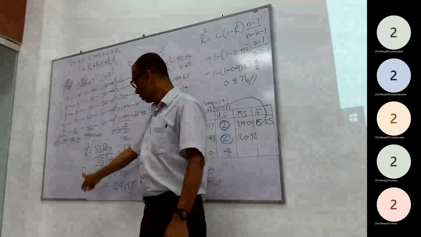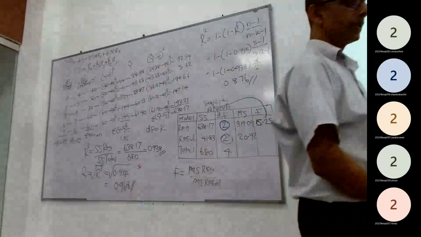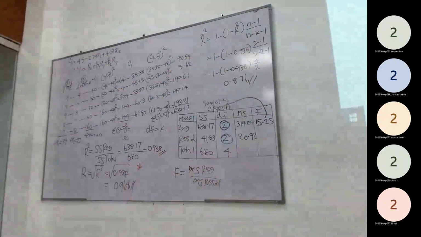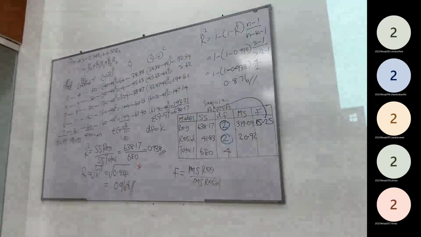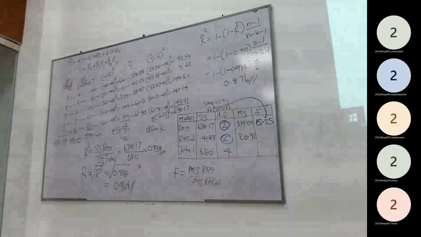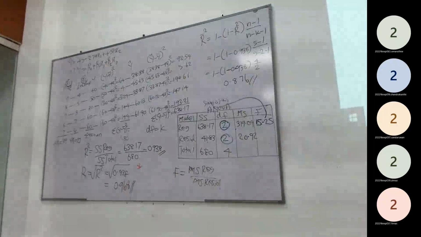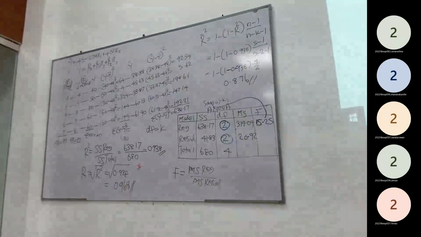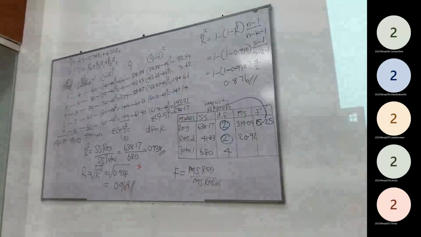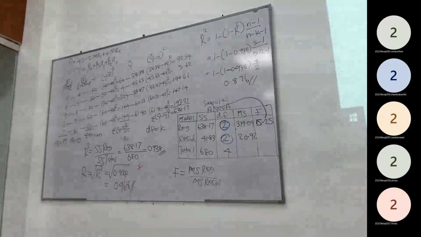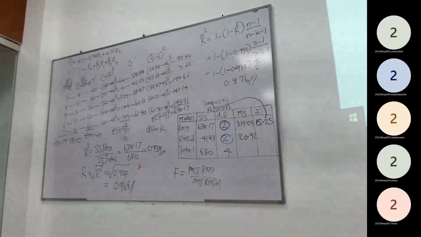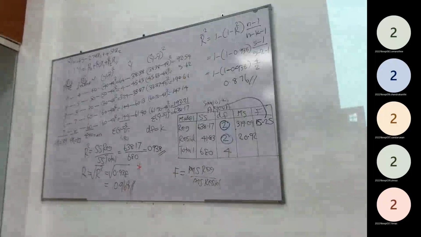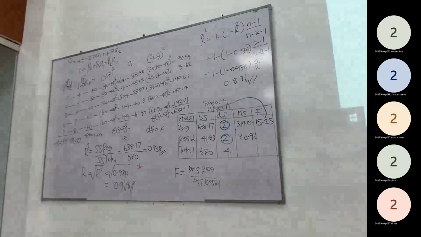Right. Now we write down: independent variables are strongly jointly correlated with the dependent variable.